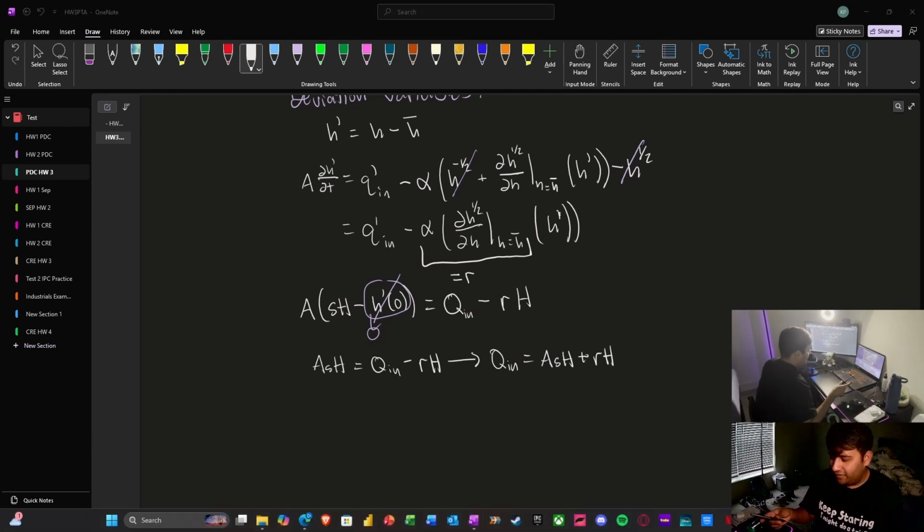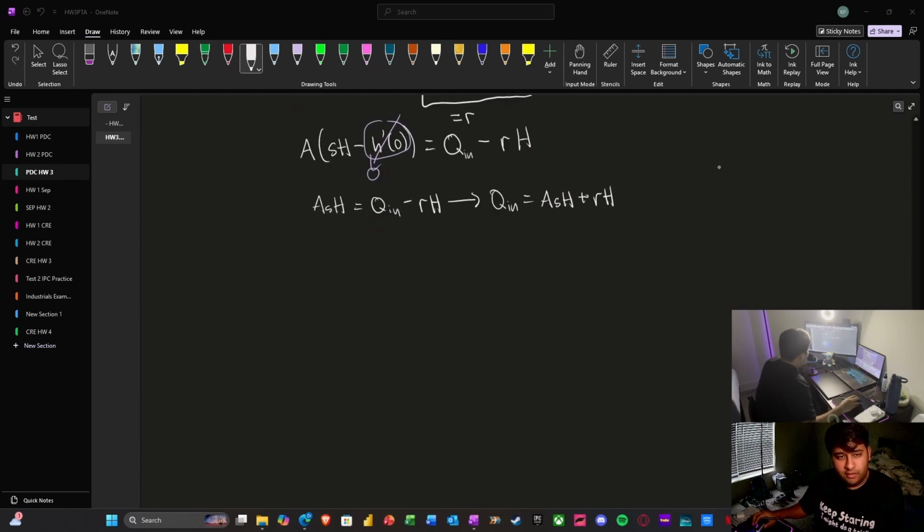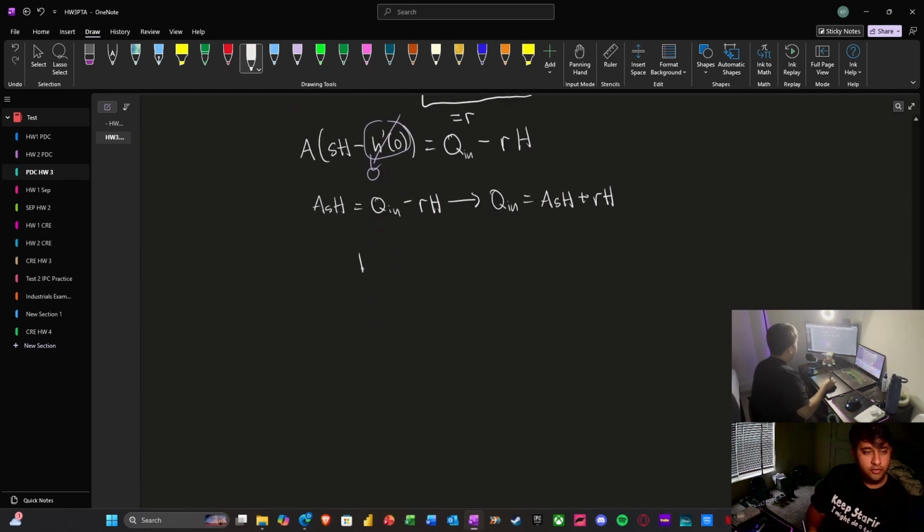So now our next objective is to isolate our H. What we get after solving that is (A s plus R) times H equals Q in, and this is our transfer function.